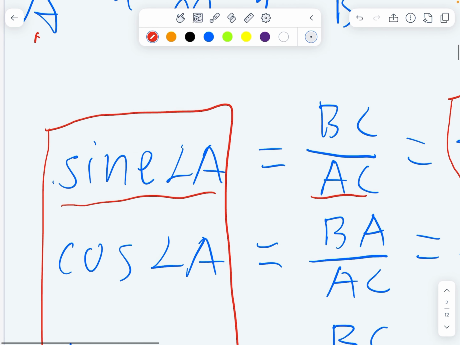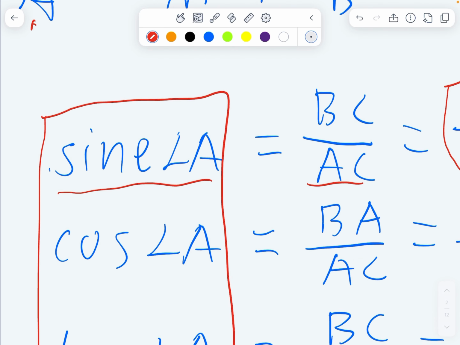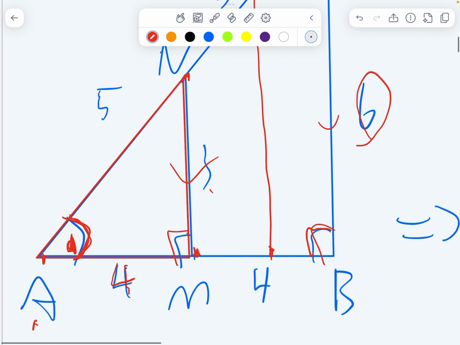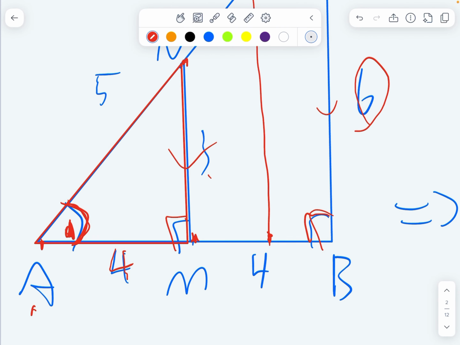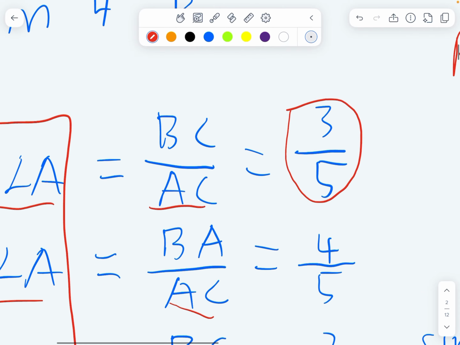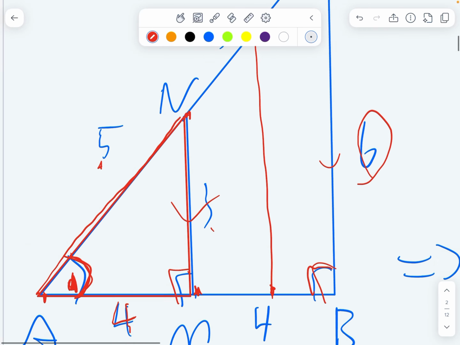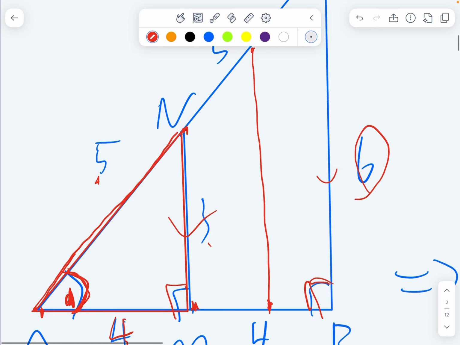The second one is cosine A, which means BA over AC. BA is 4, and the hypotenuse is 5. So 4 over 5. That means the second ratio is the adjacent side over the hypotenuse.